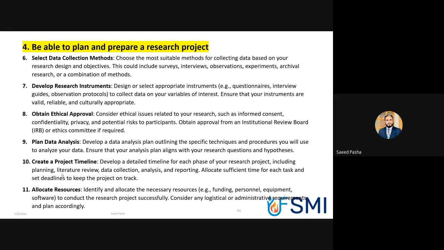So develop a detailed timeline, which includes planning, literature review, data collection, analysis, and reporting. Allocate sufficient time for each task and set deadlines to keep the project on track. If there are 6 activities which you have to complete, and there are 6 months, maybe you can allocate 1 month for one task, or maybe 15 days to the others, and so on.